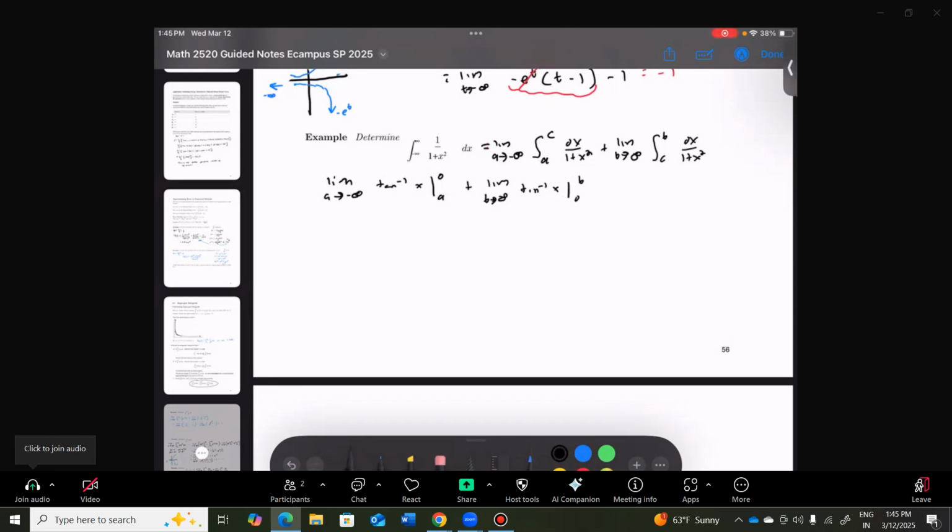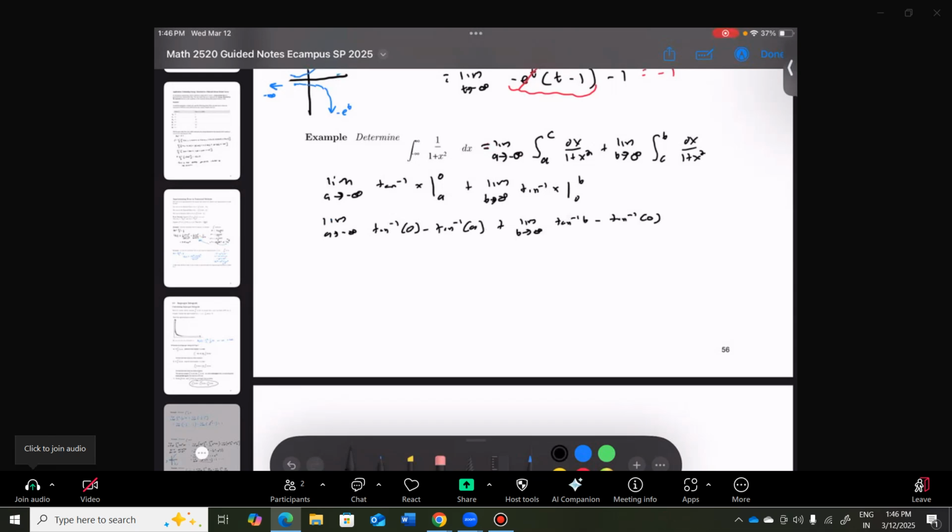Okay, so we'll have the limit as a goes to negative infinity of inverse tangent of 0 minus inverse tangent of a, plus the limit as b goes to infinity of the inverse tangent of b minus the inverse tangent of 0.